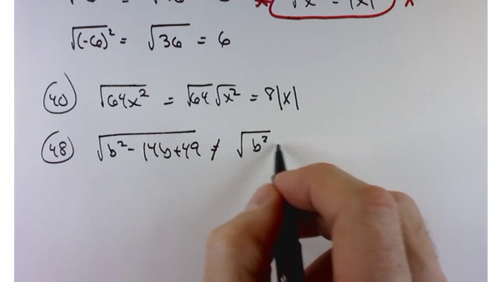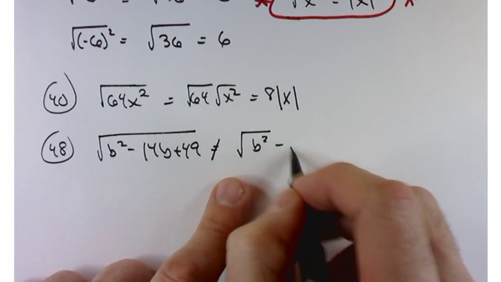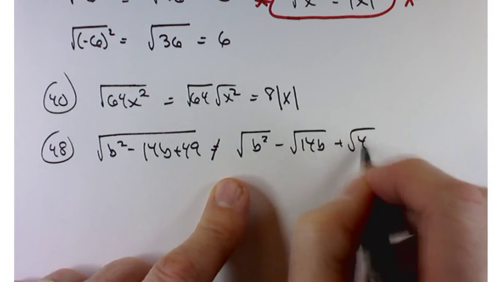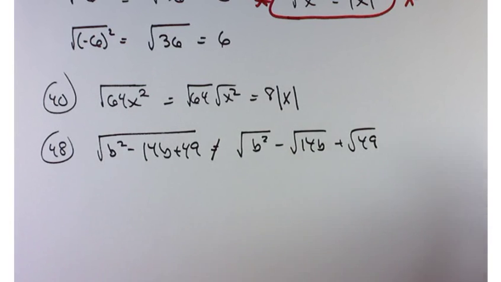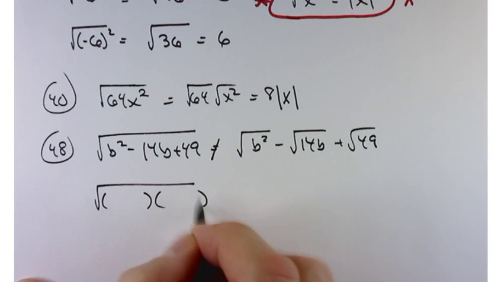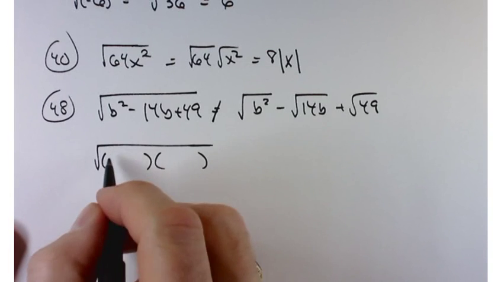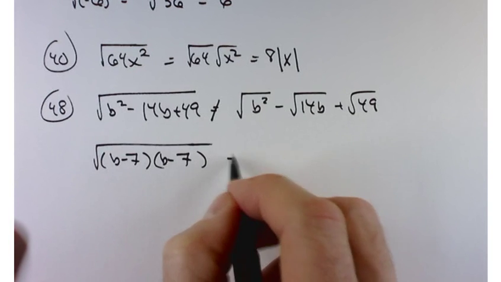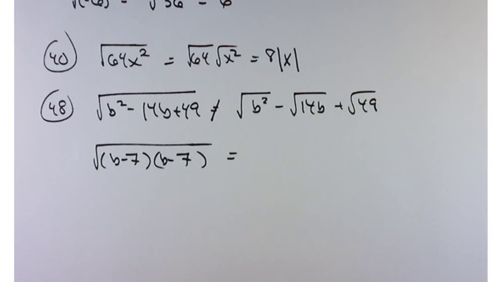You cannot say that this is equal to the square root of b squared minus the square root of 14b plus the square root of 49. If you did that, you'd be making it very easy for me to grade, if you know what I mean. So what can you do here? We can factor this. And this factors as b minus 7 times b minus 7. Now, a long time ago, I tried to encourage you to do something with this kind of factorization.